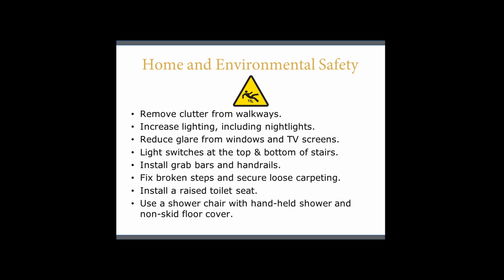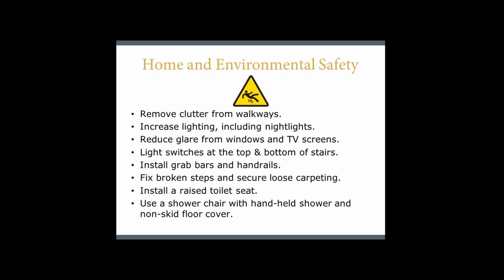The second pillar of fall prevention for older adults is going to be home and environmental safety. Now, as I already mentioned in this presentation, this is especially important for older adults with visual impairment. The home and environmental safety has not been shown to reduce fall risk as a standalone intervention, but it is encouraged to be part of a multifactorial fall risk reduction comprehensive approach, and it is especially important for older adults with visual impairment.